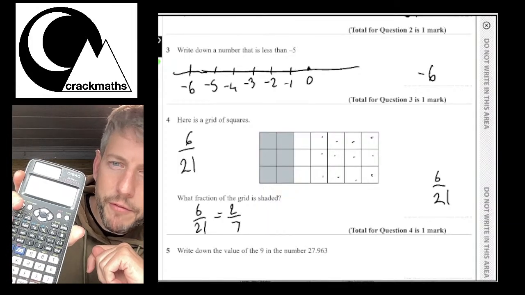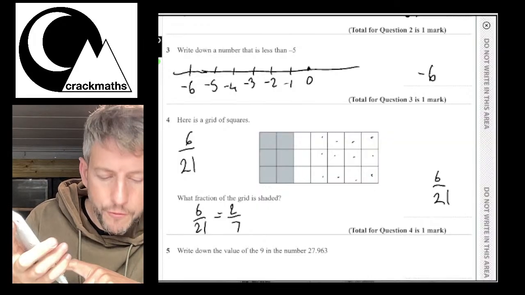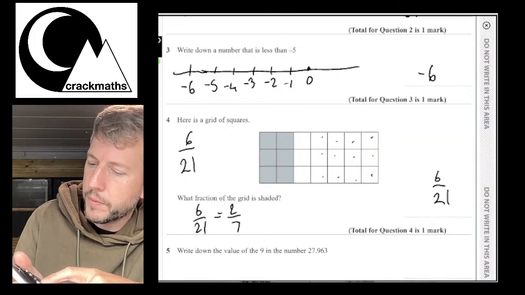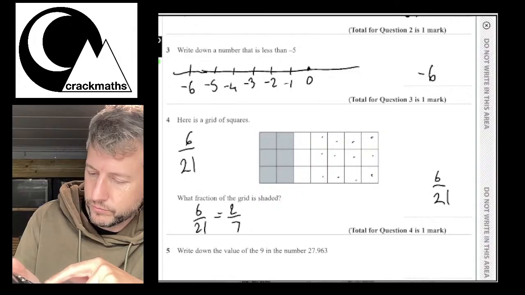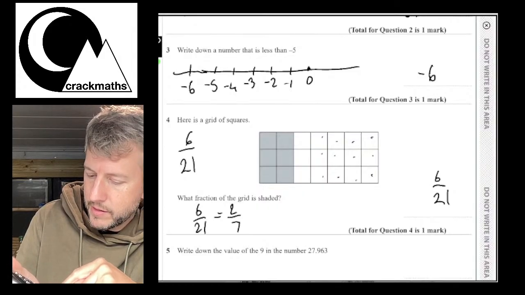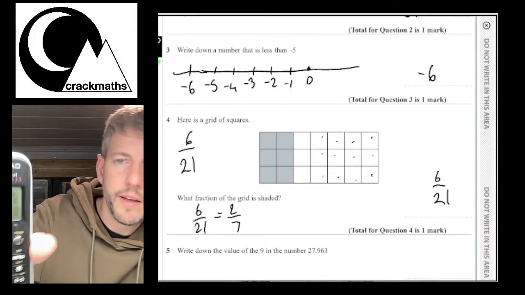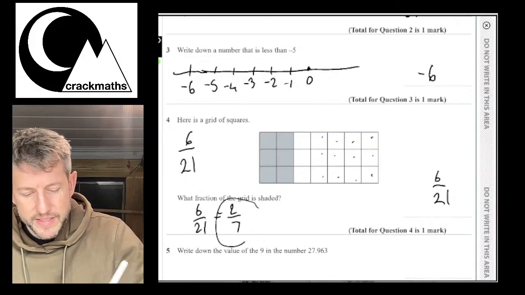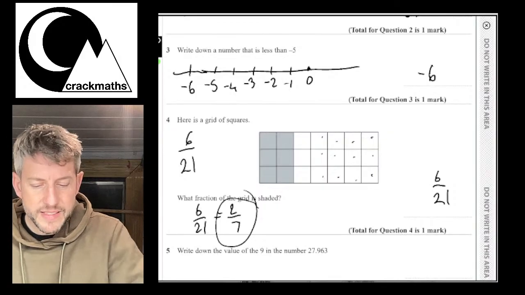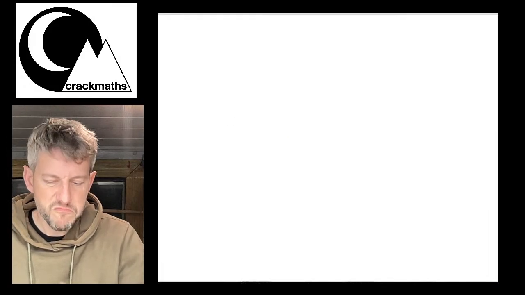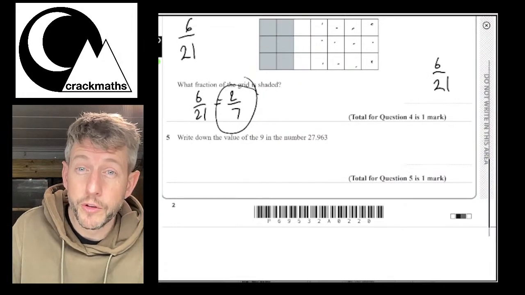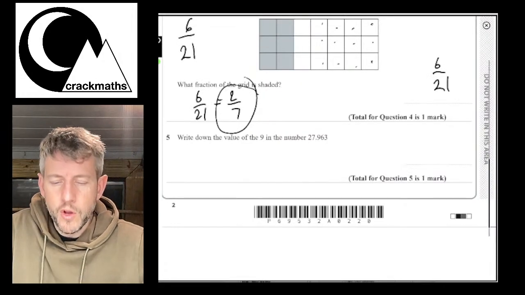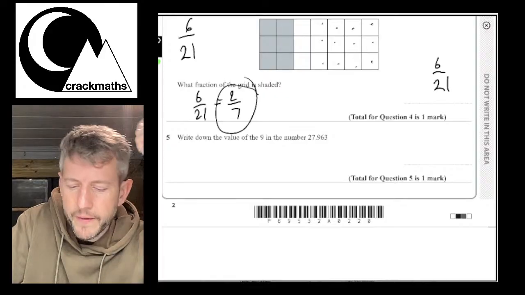So if I press my fraction button and write 6 on the top and 21 on the bottom, okay, I can see that's 2/7. So there we go, that is the other option there. But again, it doesn't say simplified, so 6/21 should be fine.